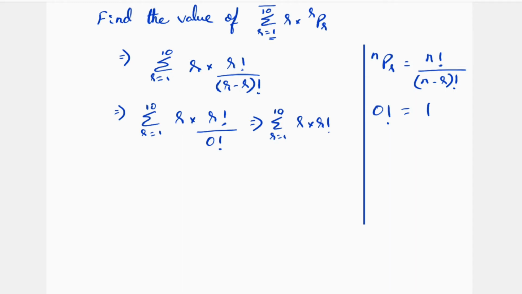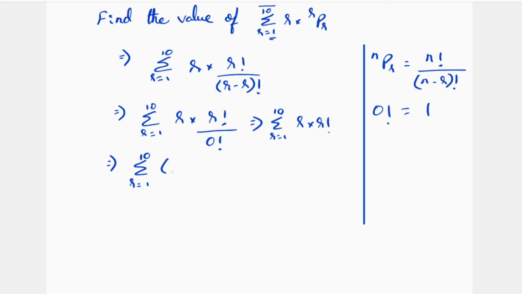Now here, in order to simplify this, I'm going to use a small trick. We can actually substitute the values 1 to 10 and then try to simplify it, but that will be slightly cumbersome. First, the summation I'm going to keep as it is. Now this r multiplied by r factorial is there, right?